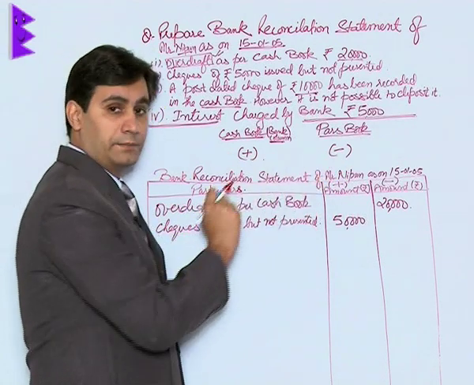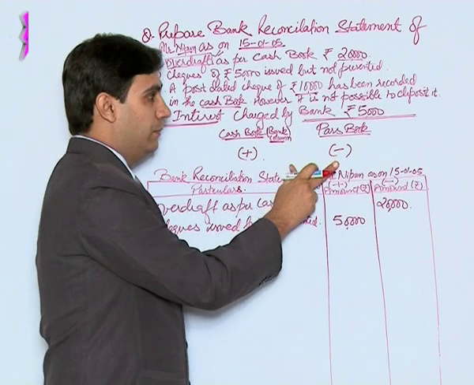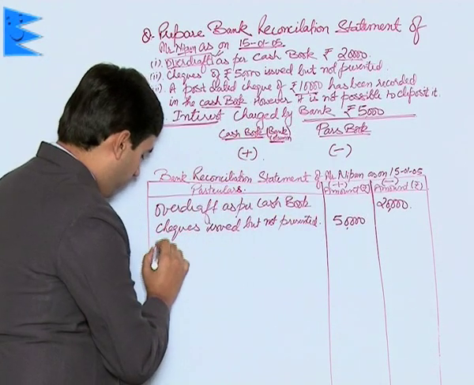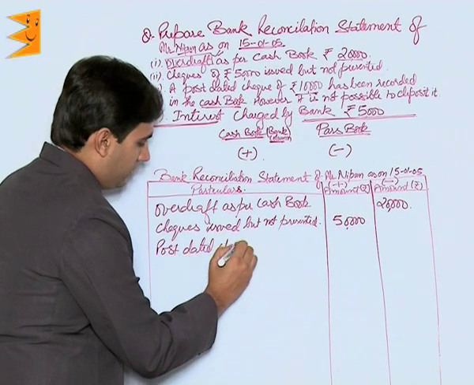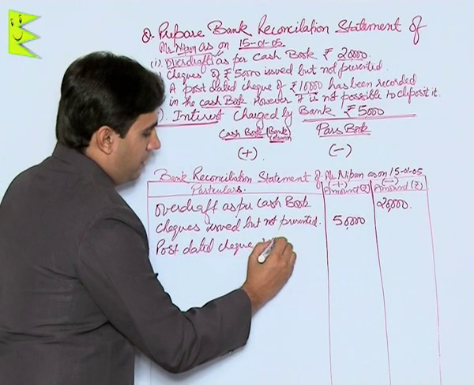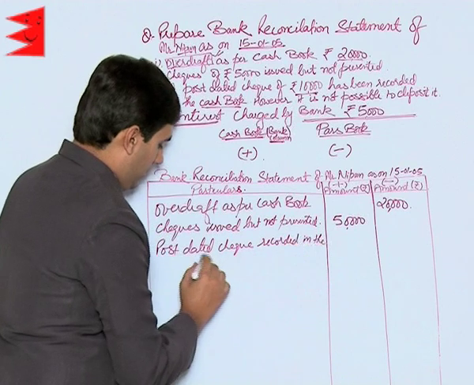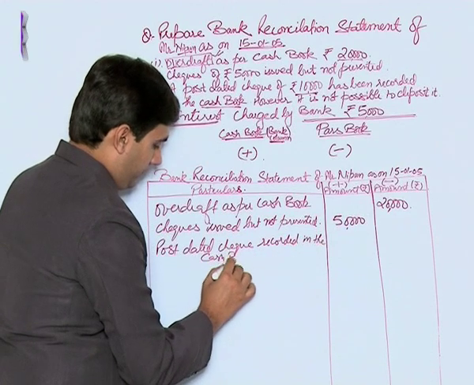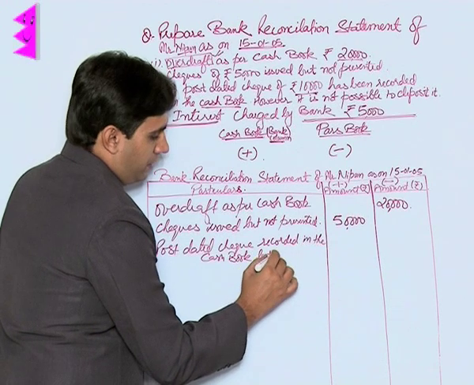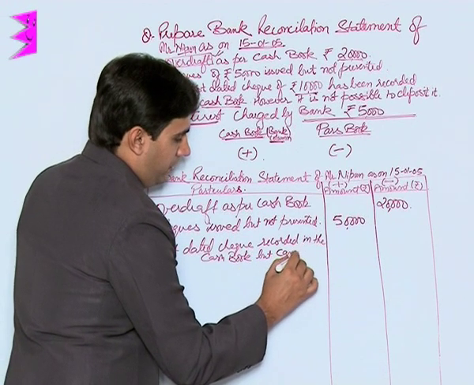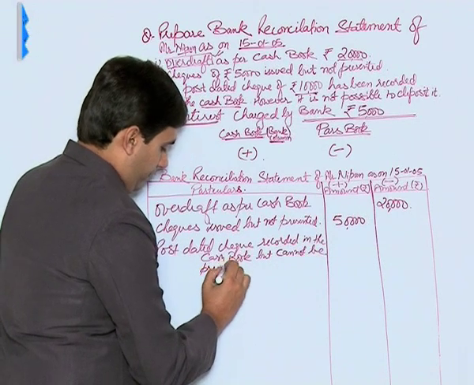Therefore, the minus sign. So this entry will appear in the minus column as post-dated check recorded in the cash book but cannot be presented.